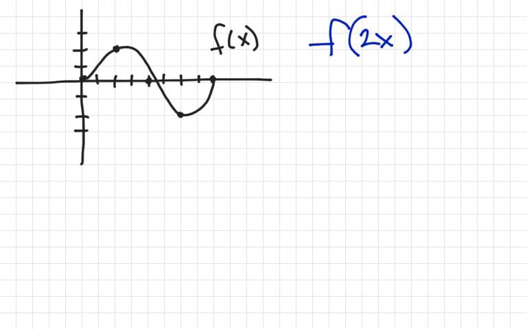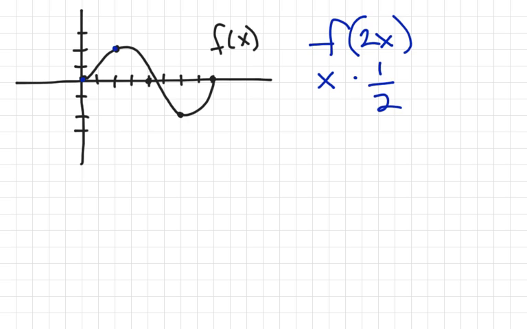Well, I'm not really multiplying the input by 2. What I'm really doing is I'm taking all the x values and I'm multiplying it by 1 over 2. So, for example, this is at 0, 0, and 0 times 1/2 is 0, so that point doesn't move. This point's at 2, 2.